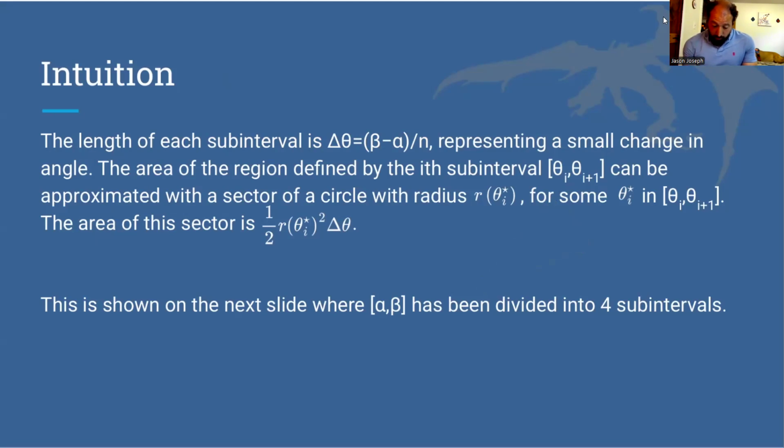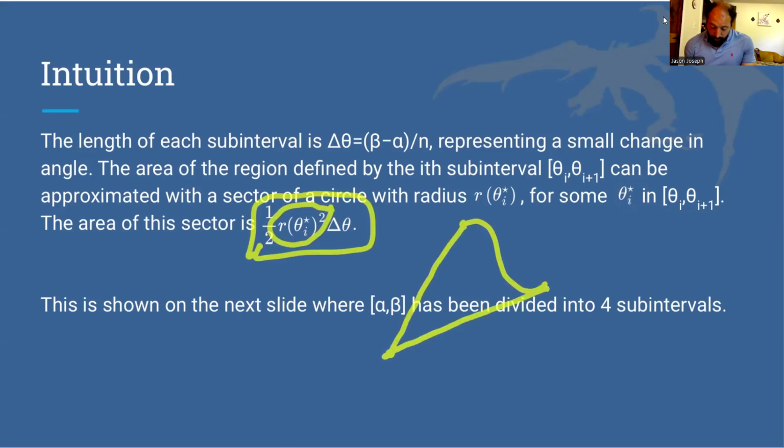So that's what this theta star is, just some value of theta in this subinterval. And then the area of that particular sector is 1/2 times the radius for that theta squared times your change in angle.